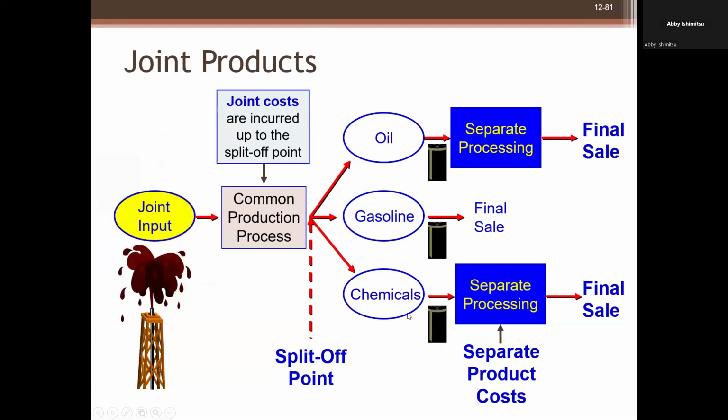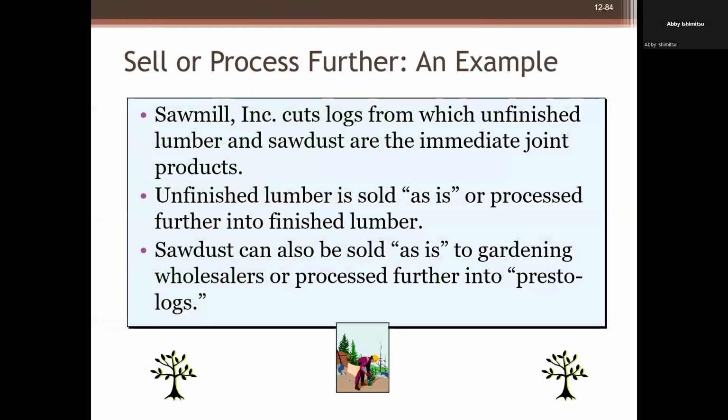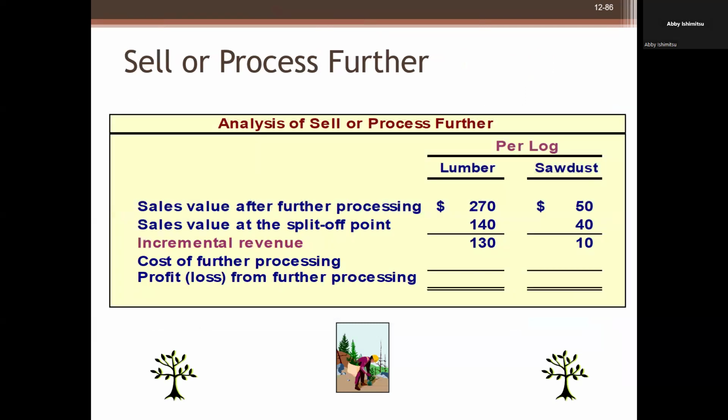And the question is, this is going to cost more money, and should we do these additional products? Of course, if we process them further, we expect to make more money. And so we do the analysis of whether we should sell at the split-off point. We calculate that profit margin, and then we look at each product and say, are we going to make more money at these other points? Okay. And those are the examples.